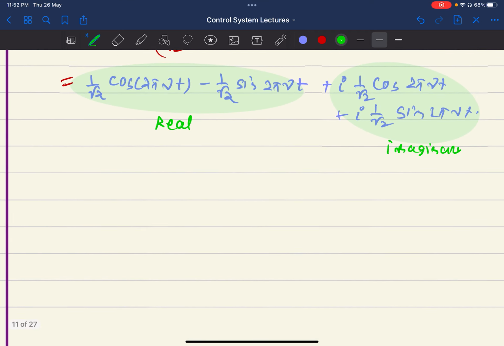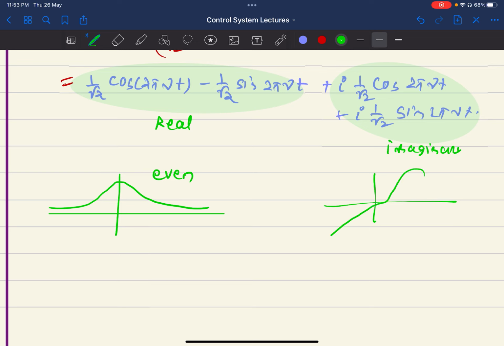And it's an inherent property of this kind of sinusoidal complex analysis that the real part is always even with respect to time, and the imaginary part will be an odd signal with respect to time.